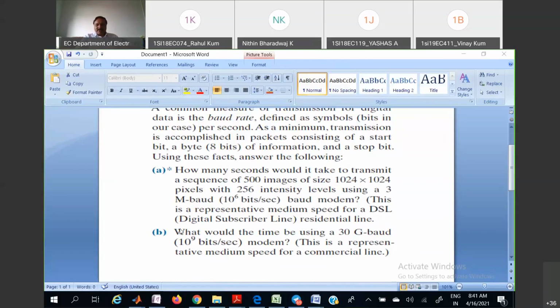Normally this is one standard DSL speed. And the question continues, what would be the time to transmit the same data using a 10 to the power of 9 bits per second baud modem?